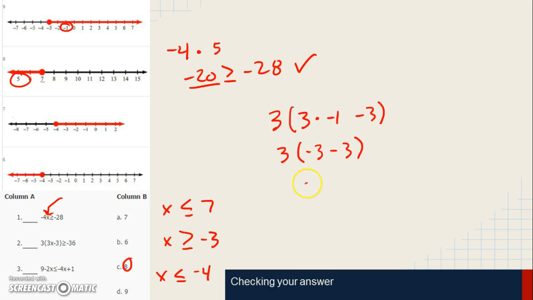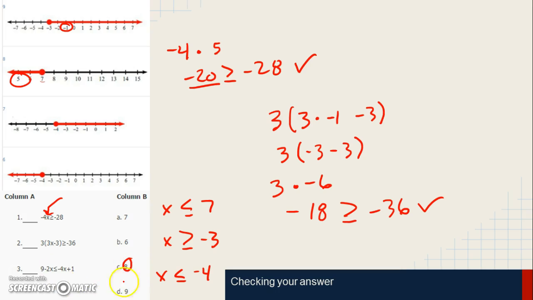Negative 3 minus 3 is negative 6, and that was being multiplied to this 3 out here, and that's negative 18. So is negative 18 greater than or equal to negative 36? Yes, it is, because if I owe somebody $18, I'm a richer person than if I owed somebody $36. So that one is also correct.